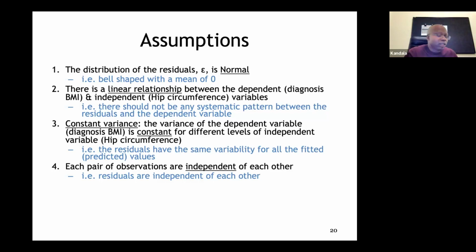The error we are making in measuring the BMI in person 1 is independent of what we are measuring for BMI in person 2, and so on. That is the assumption of independence.